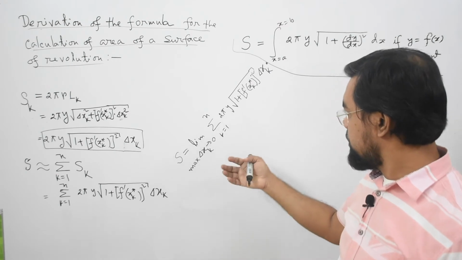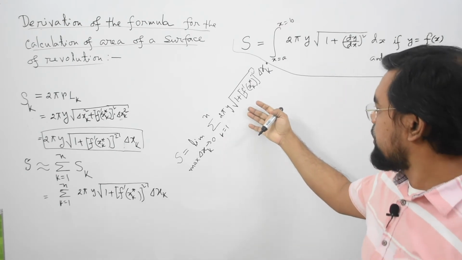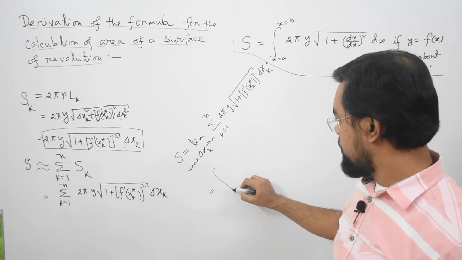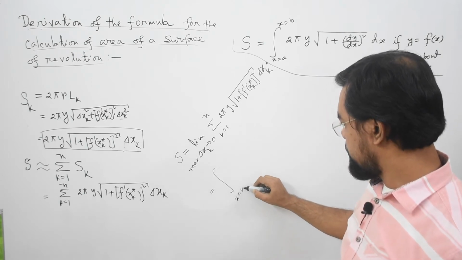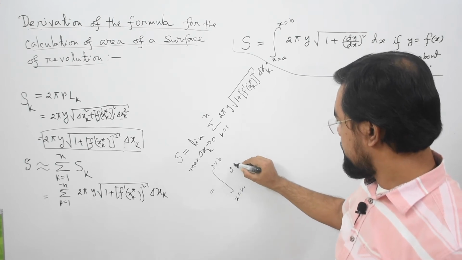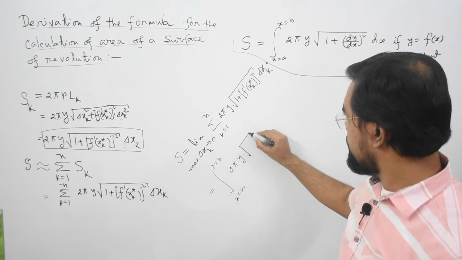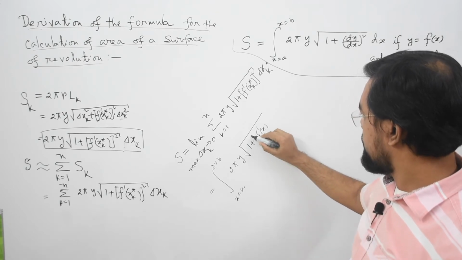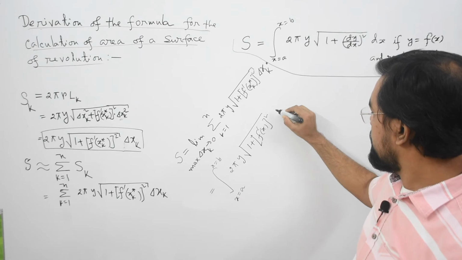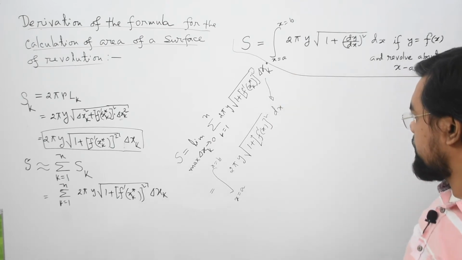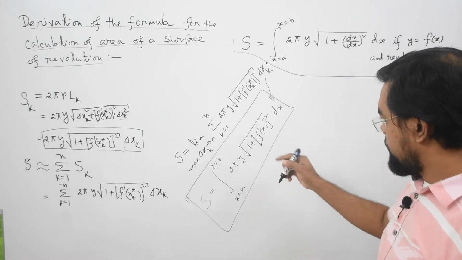So now by the relation of Riemann sum and definite integration, we can write integration from x equal to a to x equal b, 2 pi y square root of 1 plus f prime x whole square dx. This delta x will convert to dx. So this is our formula.